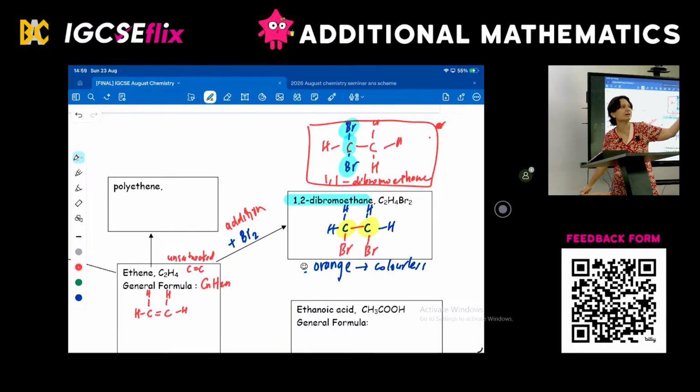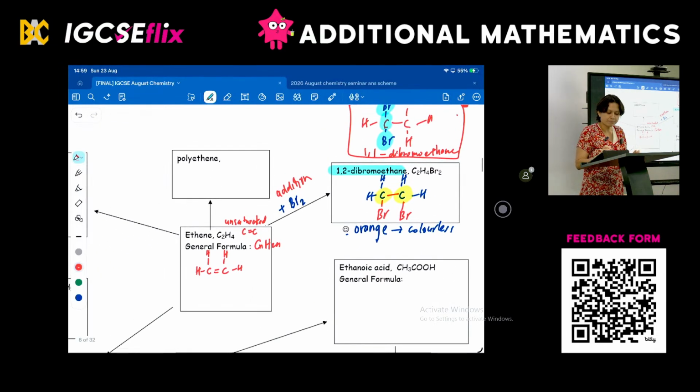So I'm telling you cannot, but why? The double bond, you must understand the empty space is here and here. So you can only put things in the empty space. If the empty space in this hall is only this chair and this chair, two people come in, where are they going to sit? This chair and this chair. Where got people so stupid going to sit on you? No, right?